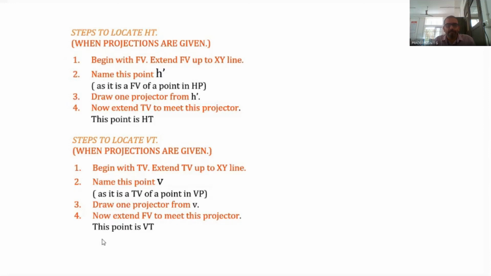The point of intersection of the XY line and the extended line is marked as small letter v. Then we drop one projector from v, and we extend the front view to meet this projector. The point of intersection of this projector with the extension of the front view is known as VT.